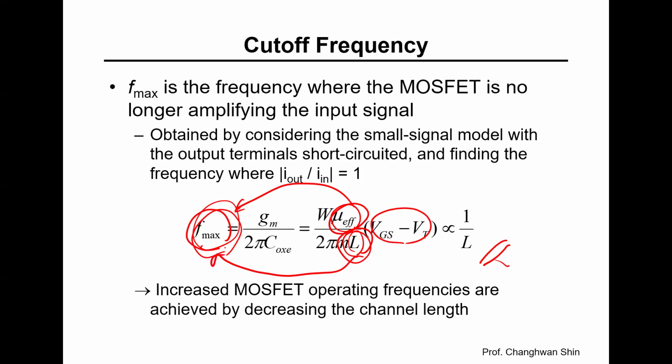Modern nanoscale MOSFETs can operate at frequencies well into the gigahertz range, a few hundred gigahertz, approaching the terahertz now, enabling high-speed computing and wireless communications.